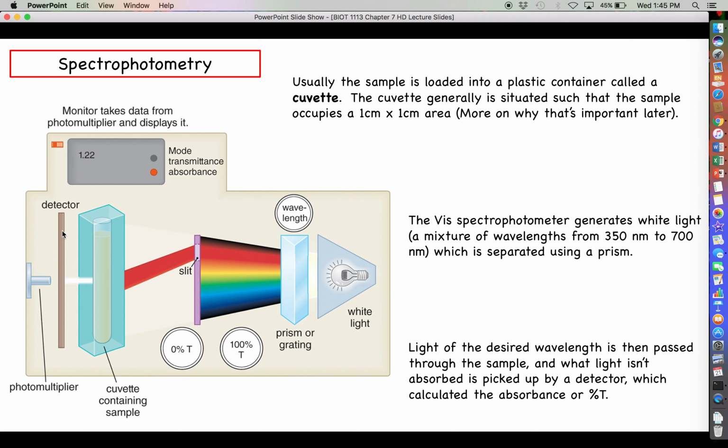Well, proteins can't really be expressed very easily in terms of moles per liter. And in addition to that, not every protein in solution is going to be identical to all the others. Whereas if you have, say, a solution of copper sulfate, which is something that appears blue, meaning that we can use spectrophotometry on it, all the molecules of all the copper sulfate in solution is going to be the same, so we can treat them all the same.